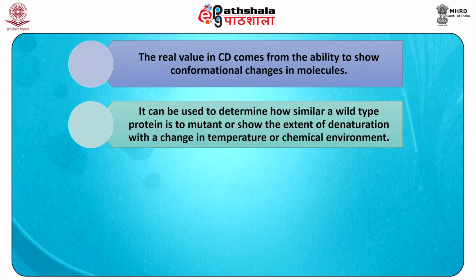It can be used to determine how similar a wild type protein, wild type meaning an ordinary, normal or native protein, is to a mutant protein. It can also be used, the differences, to show the extent of denaturation with a change in temperature or chemical environment.